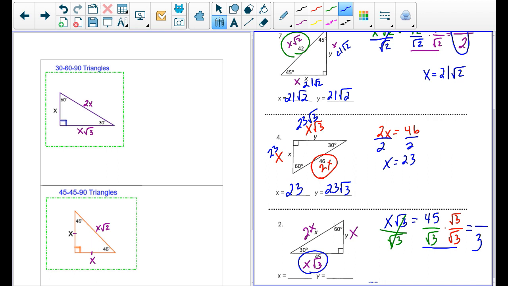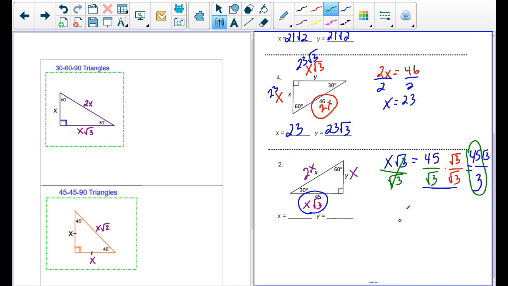And then just rewrite the top. So 45 square root of 3. Now, look at my big numbers. What's 45 divided by 3? Can I simplify that? 45 divided by 3 is 15. So x equals 15 square root of 3.